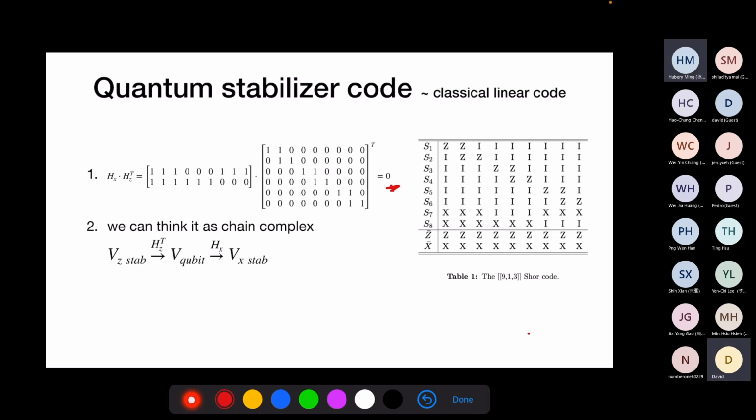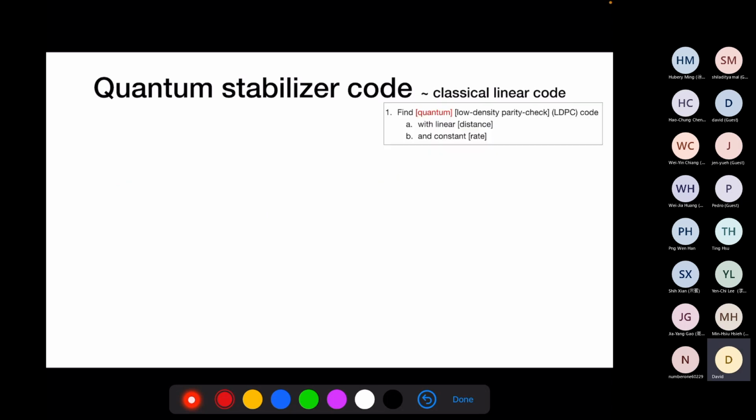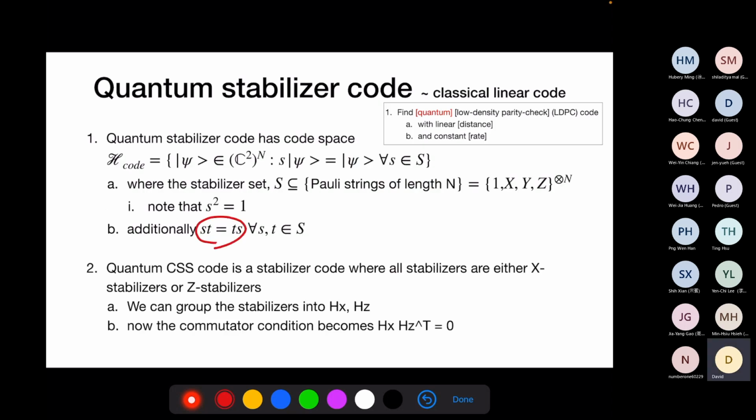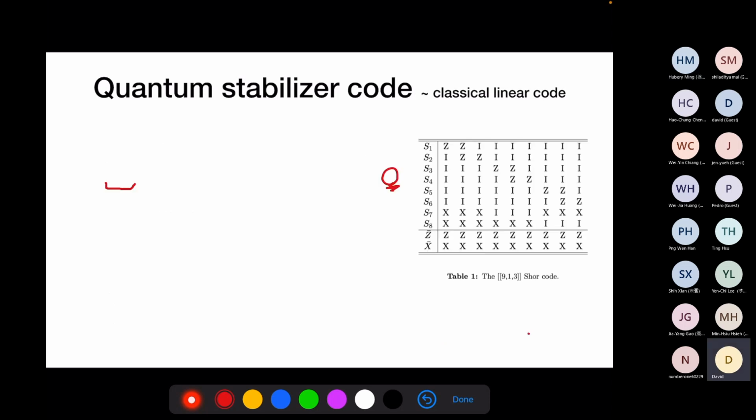So the reason that we need HX times HZ transpose to be equal to 0 is because that's required for the code to be a well-defined code. That means the stabilizers have to commute. Okay, I see. Thank you.